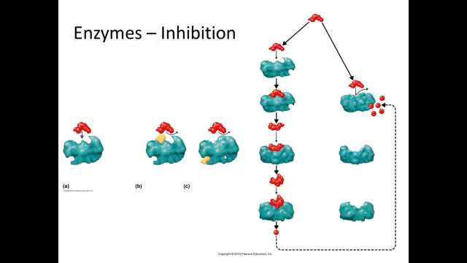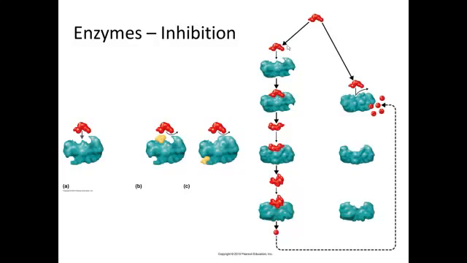Now, here's an allosteric inhibition where you have a regulatory element that fits into the allosteric site that we call feedback inhibition. Say there's a process where we use several enzymes to accomplish one goal.